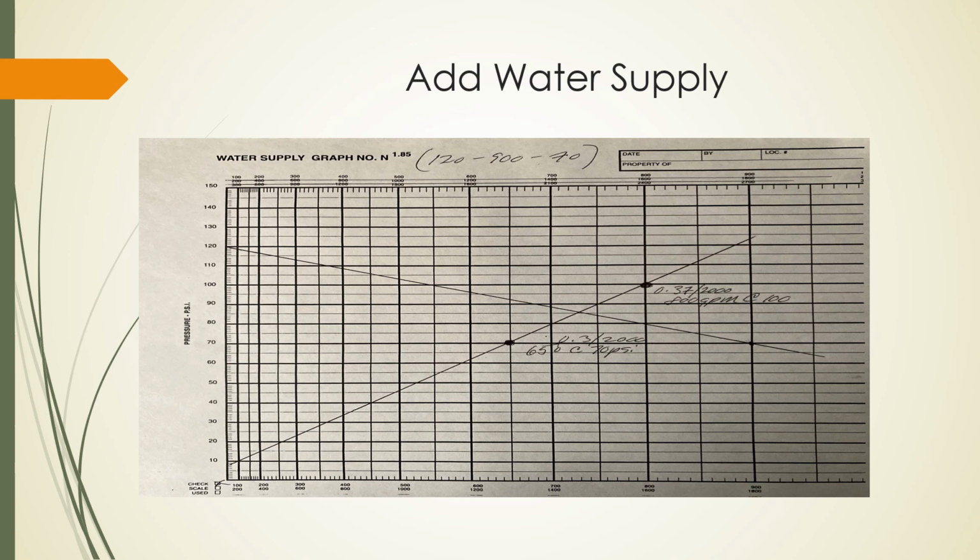So for instance, I have a demand for 0.37 over 2,000, I need 800 at 100, and it looks like I have 800 at about 80. So I have insufficient pressure to meet the demand and residual for the 0.37 over 2,000. But as you can see, I have 20 plus psi to spare when I am looking at a 0.3 over 2,000 system at 650 at 70 psi.